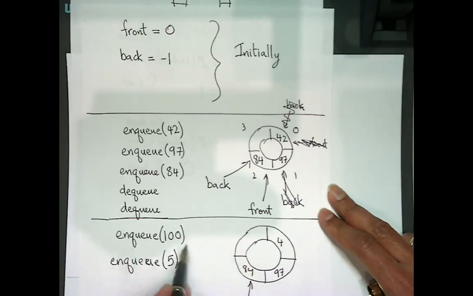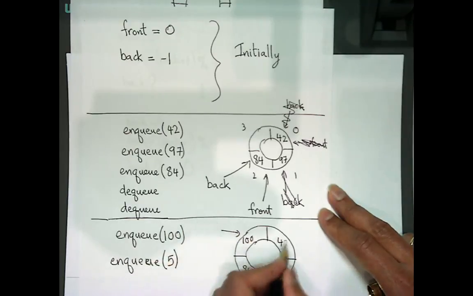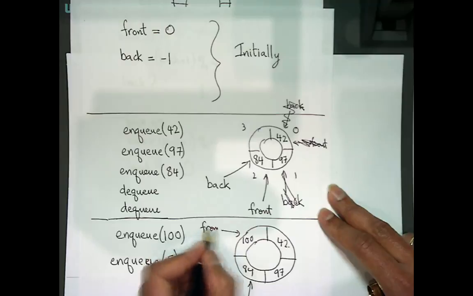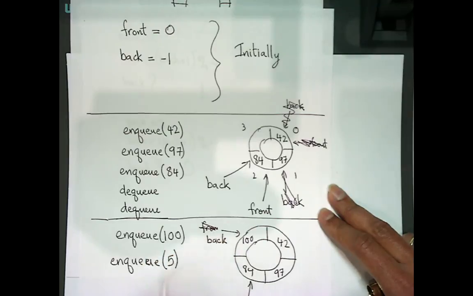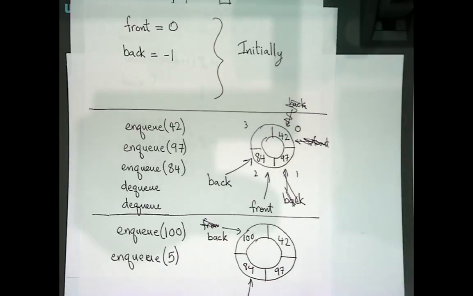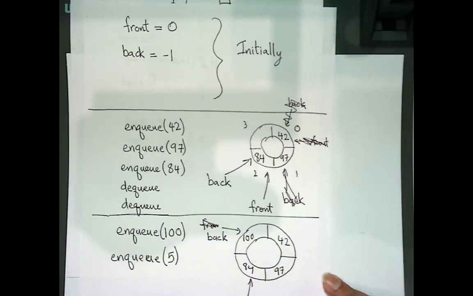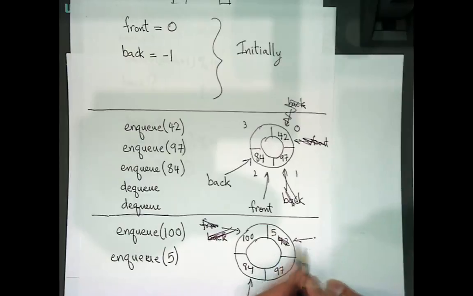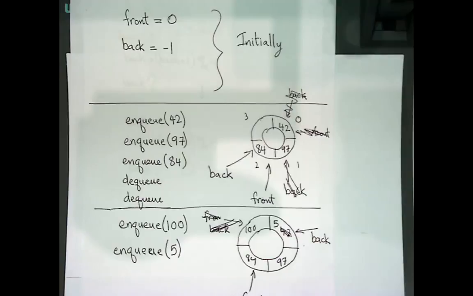So when you NQ 100, 100 goes here, and back goes over here, and then you NQ 5. Back is at 3, so it loops around and goes back to 0, and it overwrites what's over here. So it becomes 5, and back points there. Does this make sense?